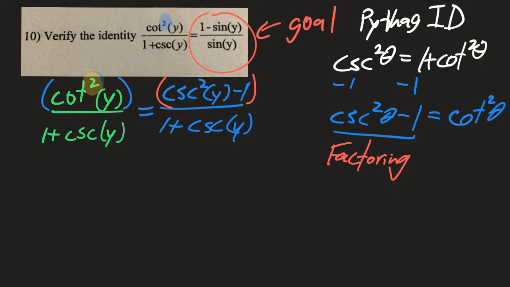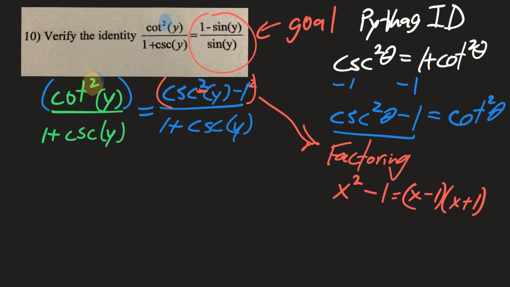You can always run into a factoring question here. So I'm going to pretend like this piece says x squared minus 1. And this is one of my special factoring rules. It turns into x minus 1 and x plus 1. It is the difference of two squares, because cosecant in this case is squared, and this is like a 1 squared.